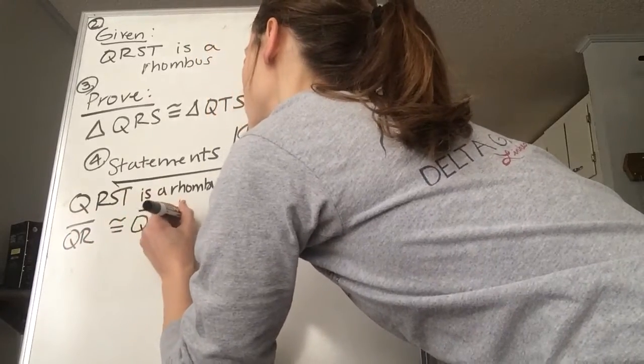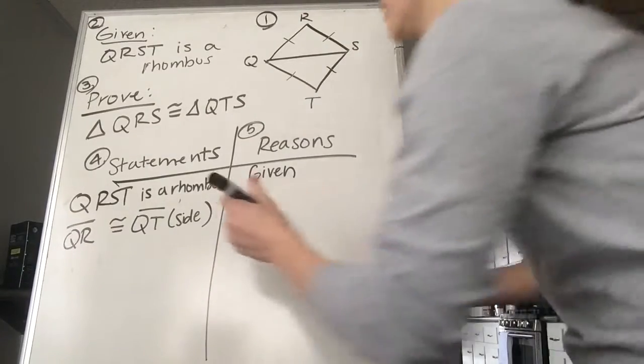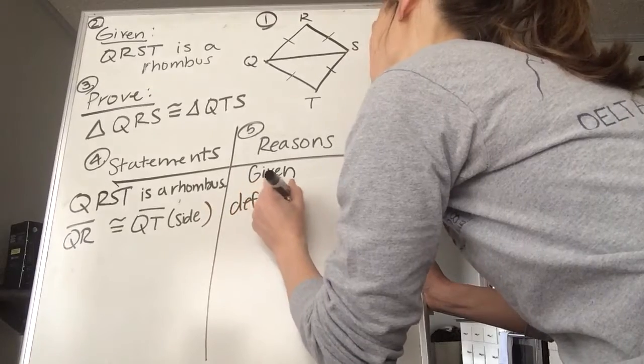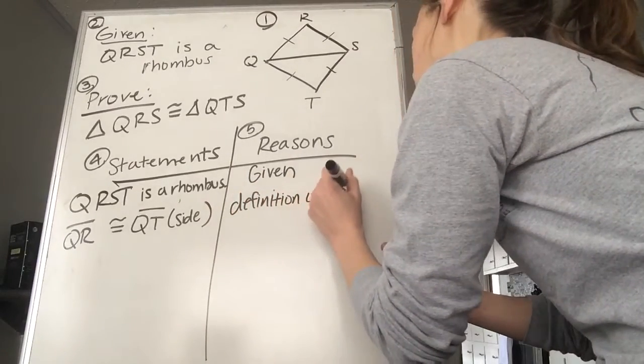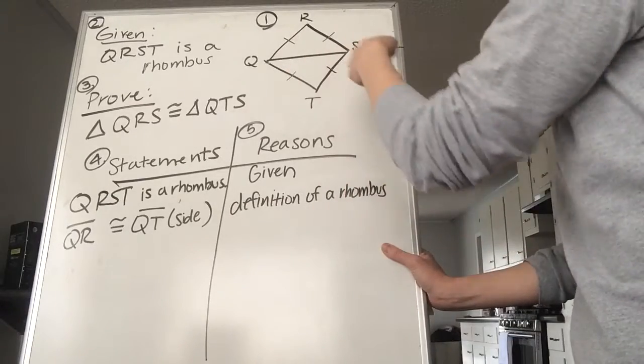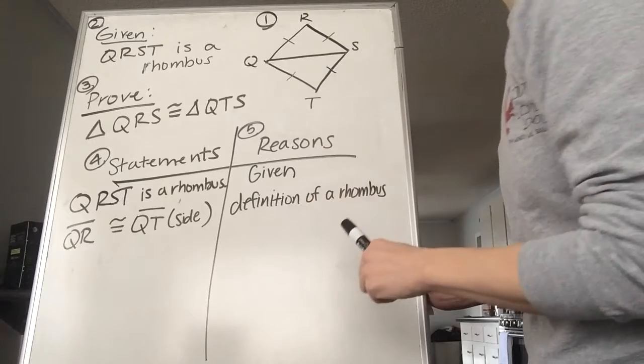That would prove one of my sides. The reason I can say that is because of the definition of a rhombus. A rhombus says that all sides are congruent. These are the sides. They're congruent because of the definition of a rhombus.